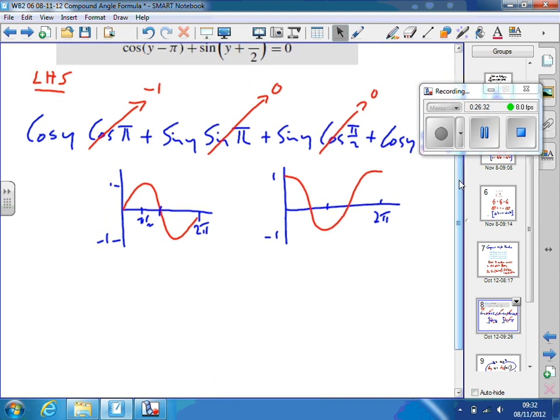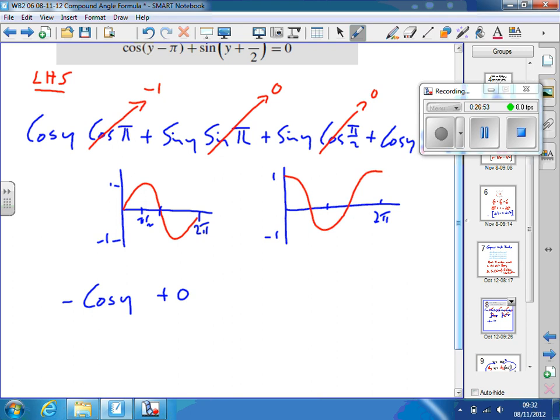Cos y. So now I can rewrite each of these, because the first one is just cos y times minus 1. So that's minus cos y. The second one, anything times 0 is 0, so that's gone. Plus 0.